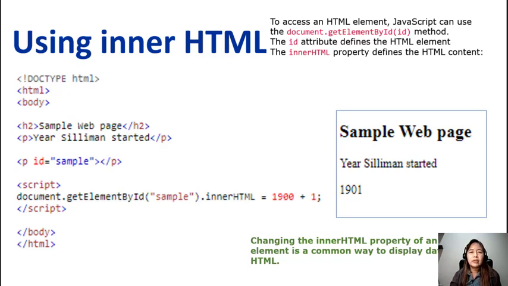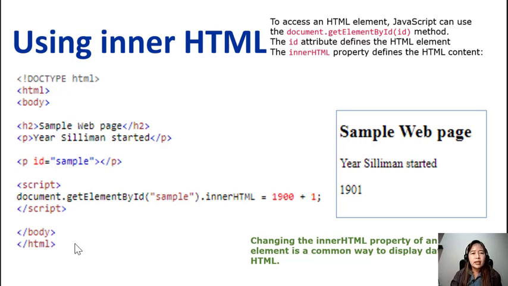You can use document.getElementById, and that's how you specify the placeholder where you want the output to be produced or displayed. So you have the ID, which identifies which HTML element will be used as a placeholder, and then you have the innerHTML property, which defines the value or the content of that HTML element.